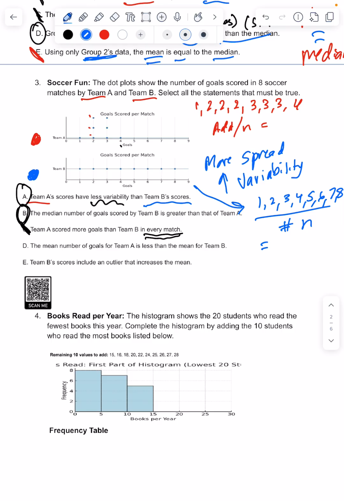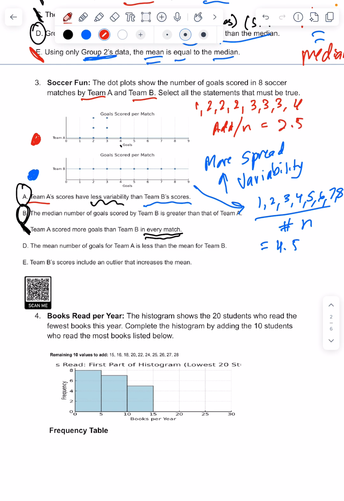So 1 plus 2 plus 3 plus 4 plus 5 plus 6 plus 7 plus 8 divided by, how many values were there? 1, 2, 3, 4, 5, 6, 7, 8. Divide that by 8. So I get 4.5. Right? And same thing here. We could add them, and then we're actually going to get 2.5.